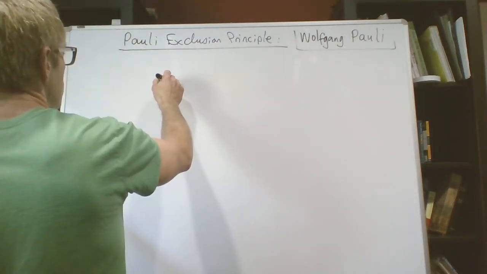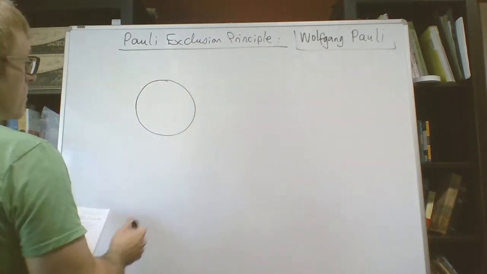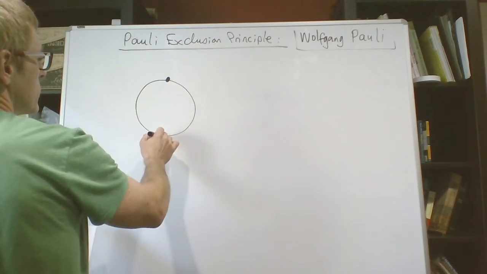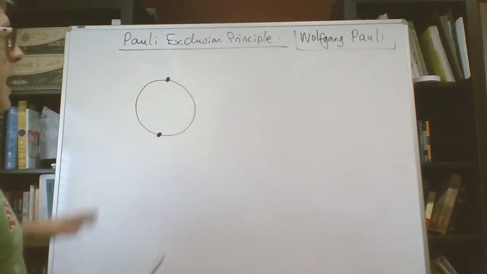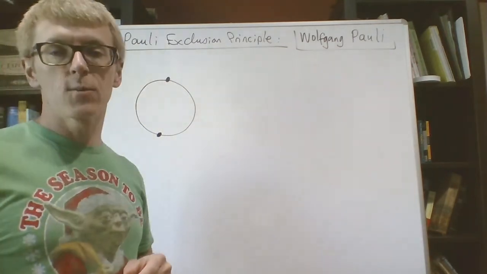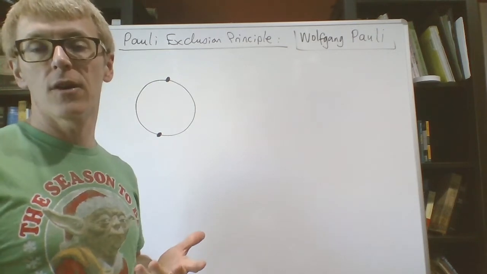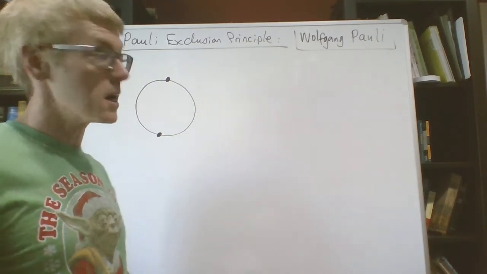So consider two electrons. Consider two electrons, and as we've previously mentioned in another quantum mechanics video, we're going to view the electron as a wave function which has the symbol psi.